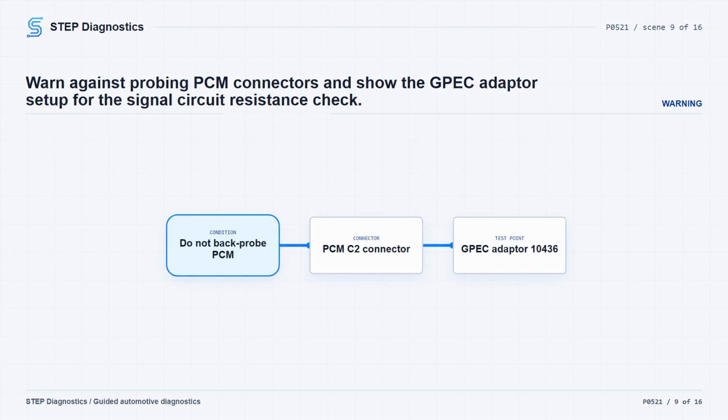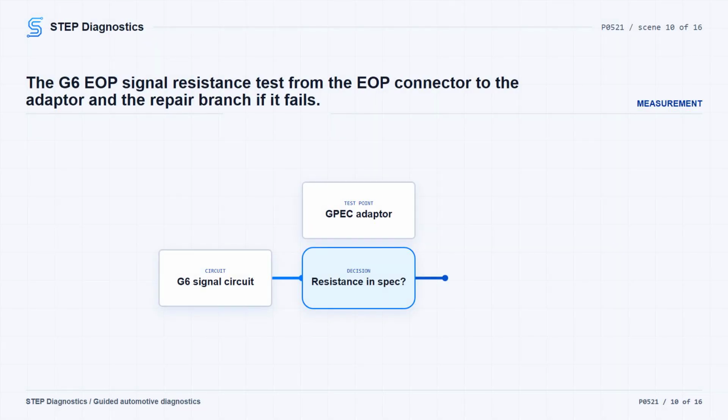Measure resistance in the G6 EOP signal circuit from the EOP sensor harness connector to the GPEC adapter. The resistance should be below 3.0 ohms. If it is below 3.0 ohms, continue to the 5-volt supply circuit. If it is not below 3.0 ohms, repair the G6 EOP signal circuit for an open or high resistance. Then verify the repair and confirm the code stays gone.